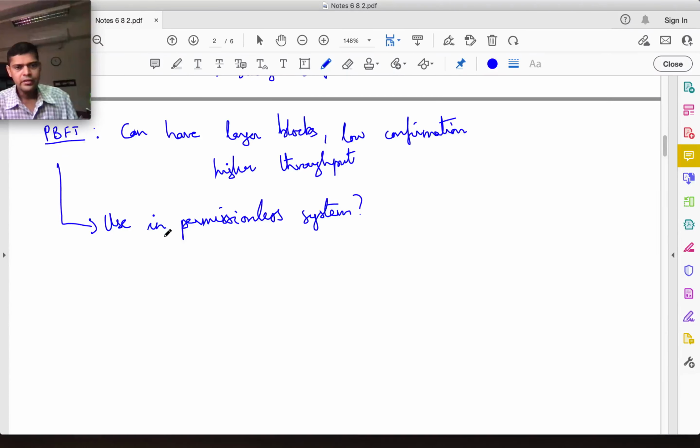In PBFT, you have some sort of an identity, right? So you have some sort of a public key. And normally there are just a limited number of these, and those nodes get to do consensus. In a permissionless system, you have the Sybil attack problem, that anybody can create an arbitrary number of identities, right? So the question is, can you use POW to limit the number of such identities and then use something like PBFT after that?